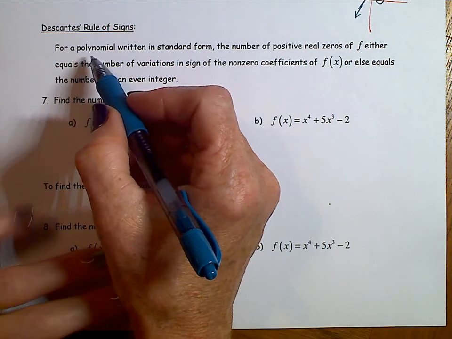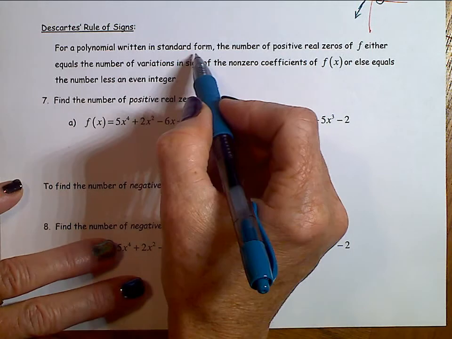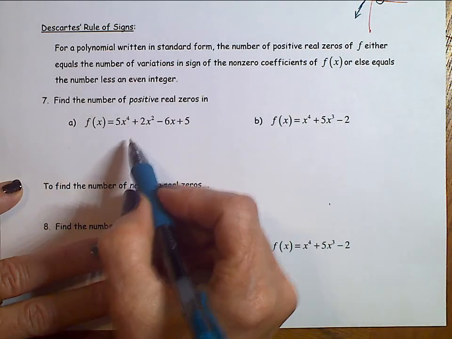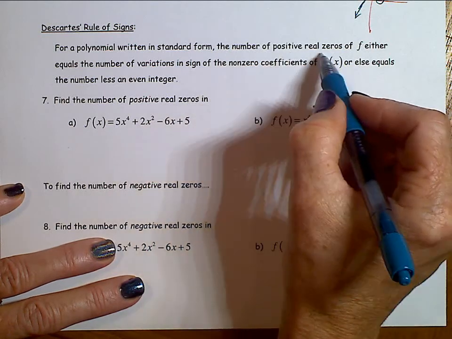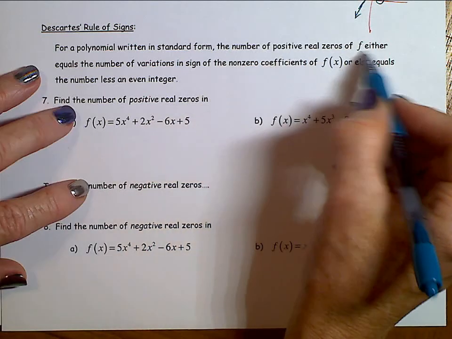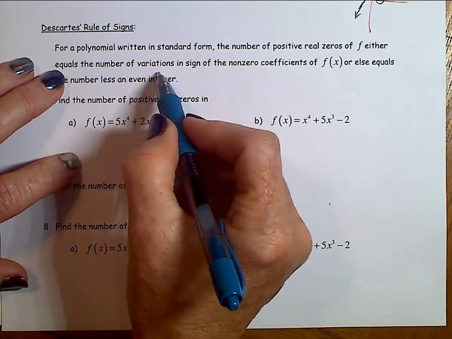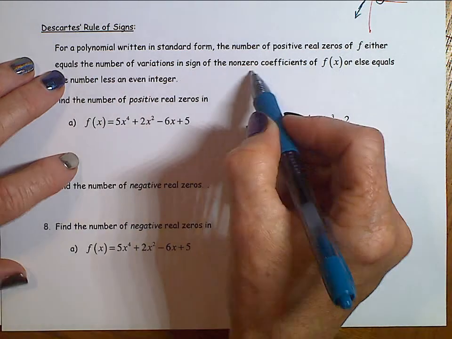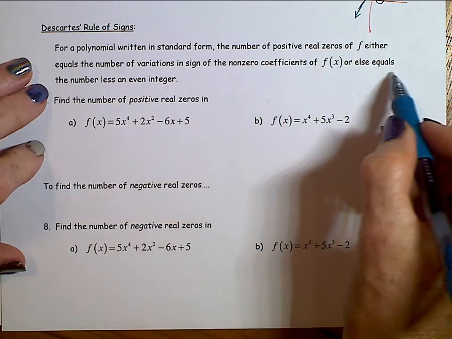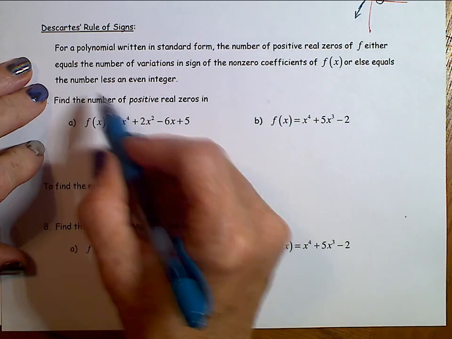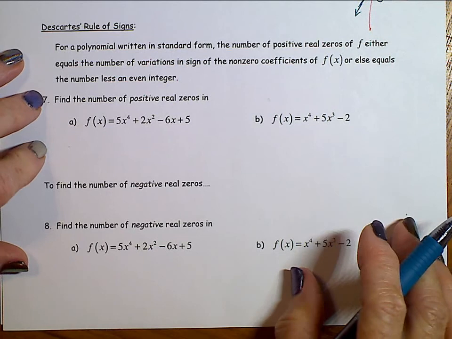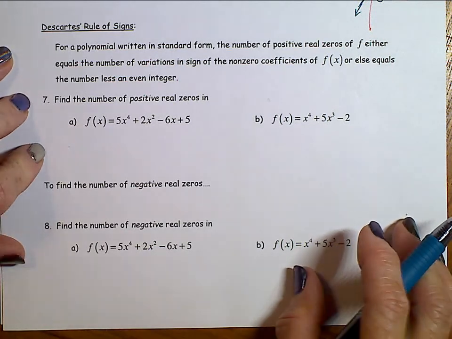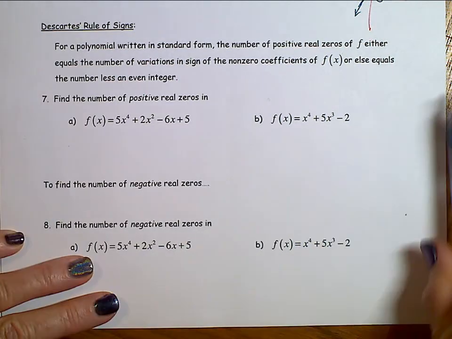For a polynomial written in standard form, so decreasing order of the exponents like these guys here, the number of positive real zeros of function f either equals the number of variations in sign of the non-zero coefficients of f of x, or else equals the number less an even integer. Oh my goodness, that sounds terribly confusing until we start going through this again.